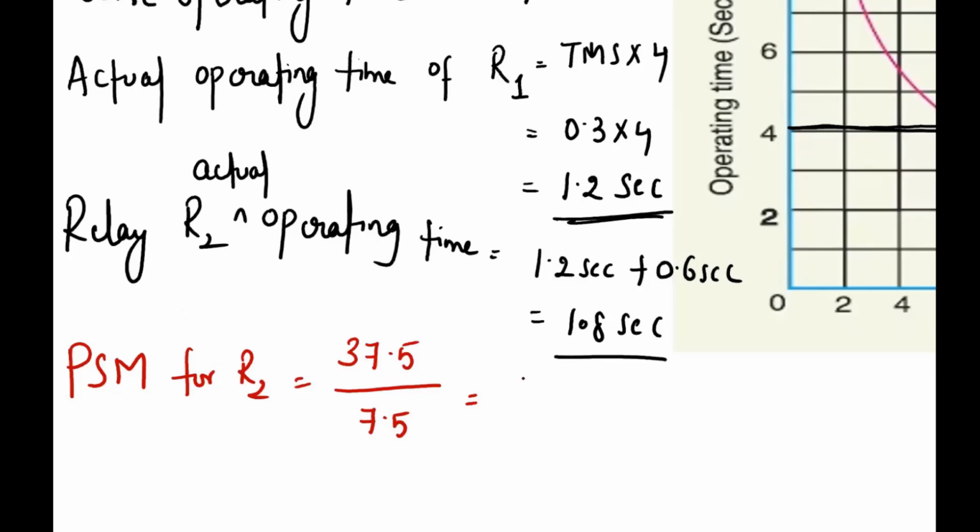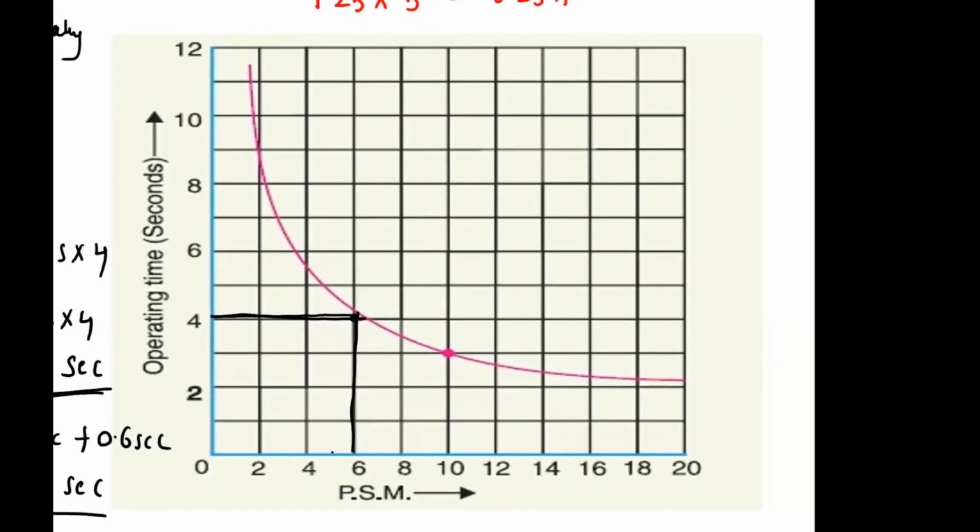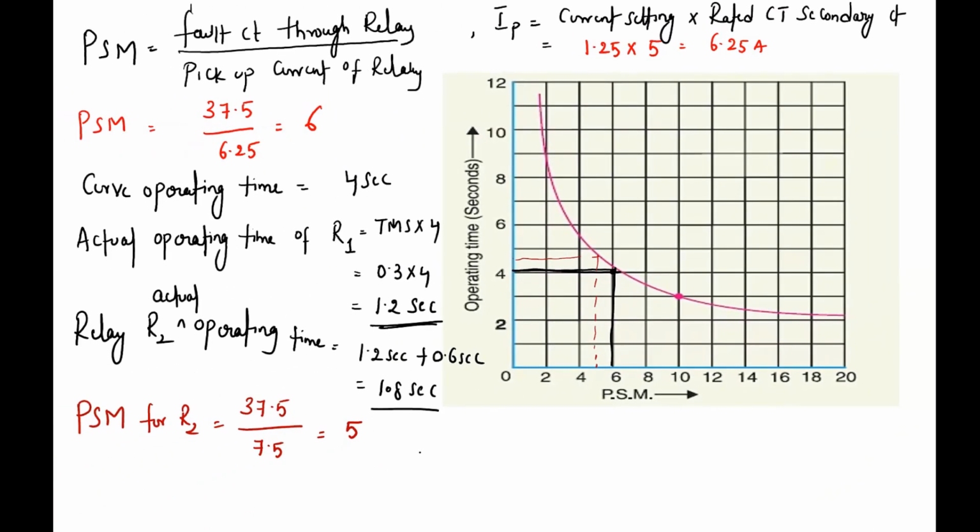So the plug setting multiplier of relay R2 is 5. If you interpolate and calculate for a value of 5, this value is somewhere around 4.5 seconds.